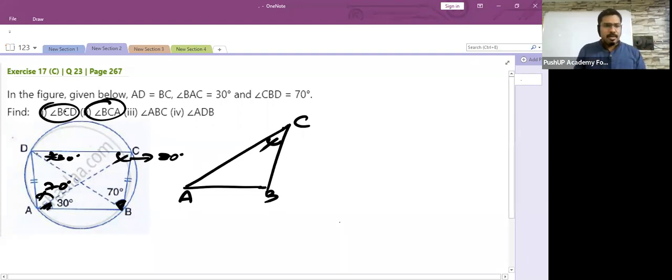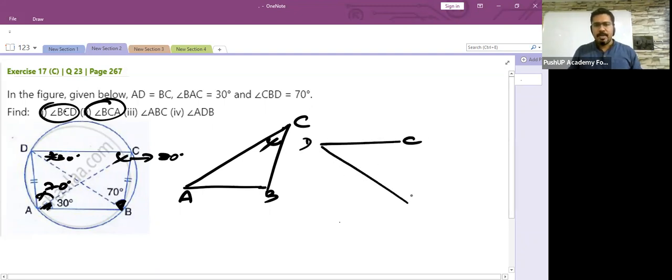Because both angle DAC and DBC, they are subtended by the same chord. Children, can you visualize it? This is your chord DC. Okay, this is your angle DBC. How much is given to you? 70 degrees.